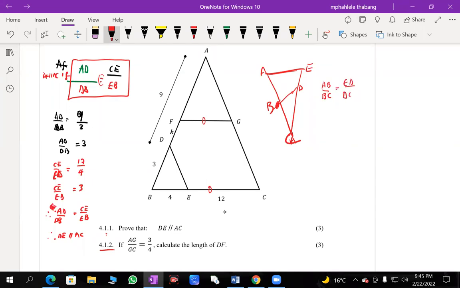Why can't you do this? Look at the diagram. Why can't you say AB over BC equals ED over DC? Why is it not allowed to do this?